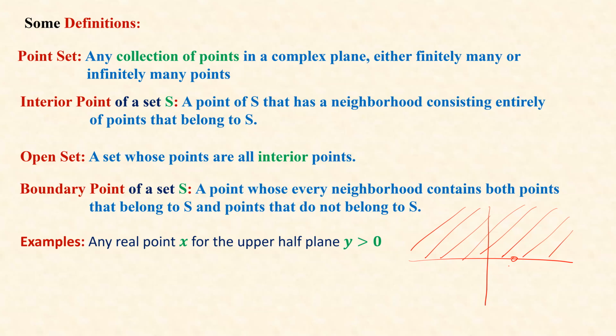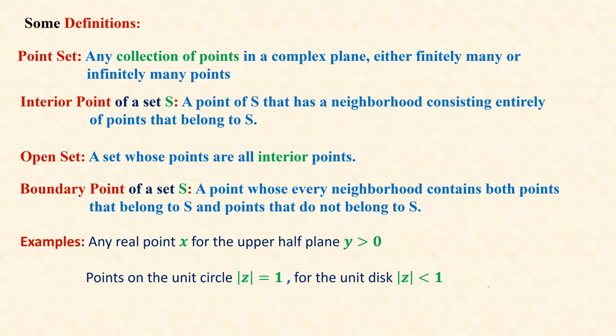Therefore, the points on the x-axis are the boundary points of this set. Make sense? All right. Again, points on the unit circle, for the unit disk, absolute value of z less than 1, are boundary points. Okay, the circle is the boundary of the disk.